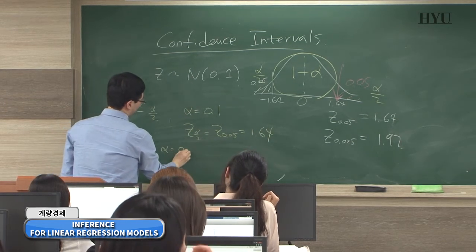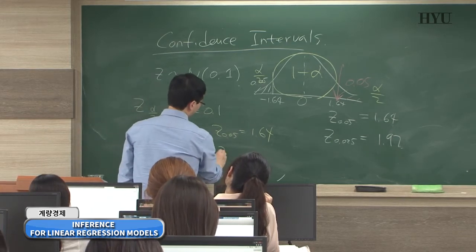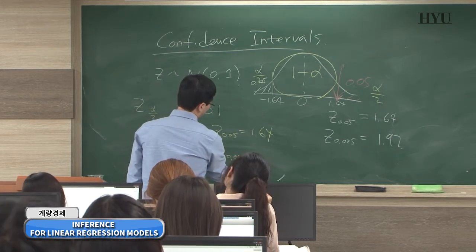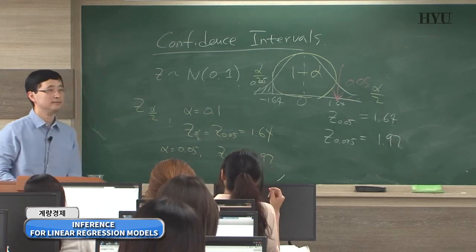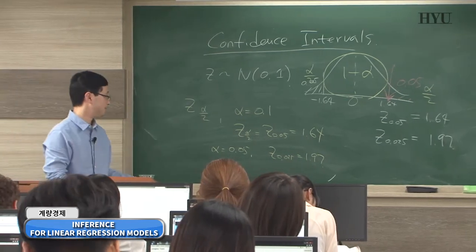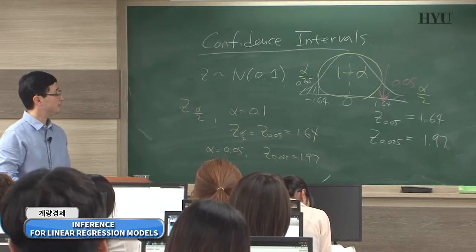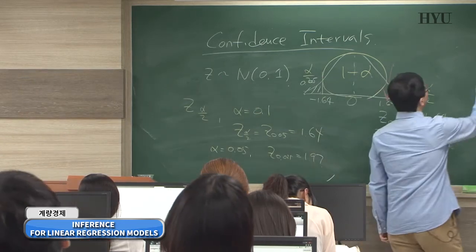If alpha is 0.05, g of half of alpha is g of 0.025, that's 1.97. Okay? Now we can define the confidence interval.